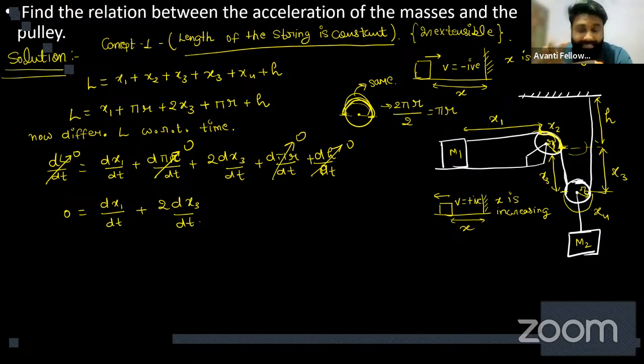Got it? So that is why the LHS, which is dL by dt, becomes 0. Got it? Because it is not changing with time. Only the factors like x1, x3 are going to change, but the entire length is constant. Okay? I hope you understood this.